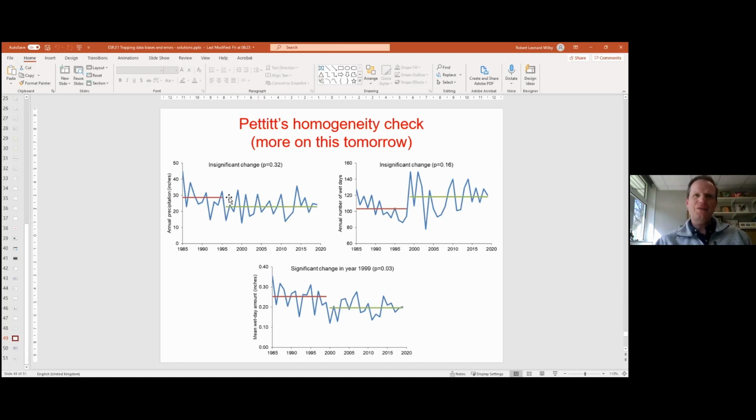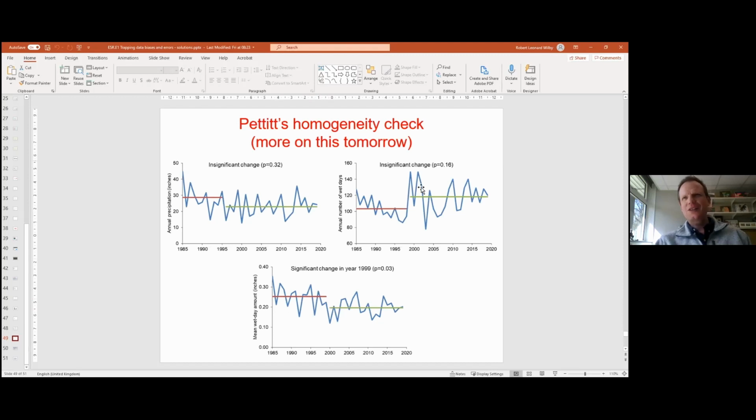And here you can see I've done a Petit test on the rainfall in terms of the annual total, the annual number of wet days.